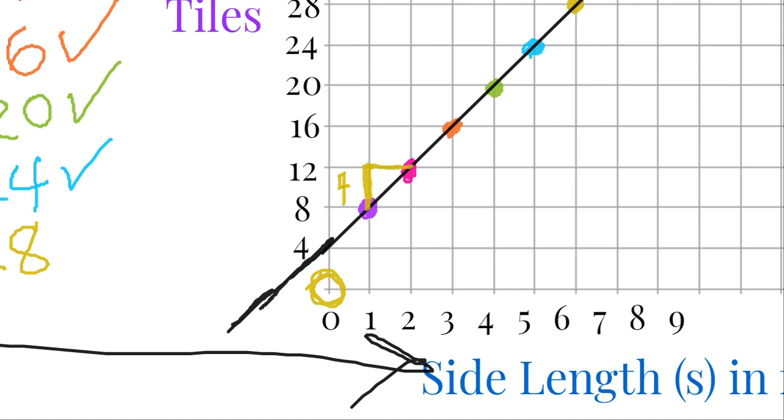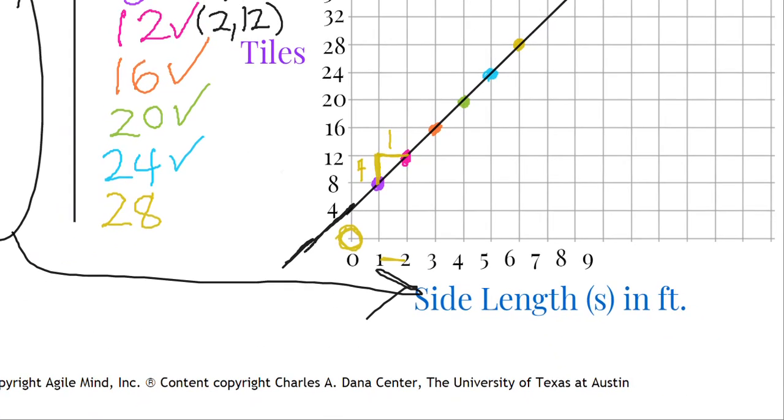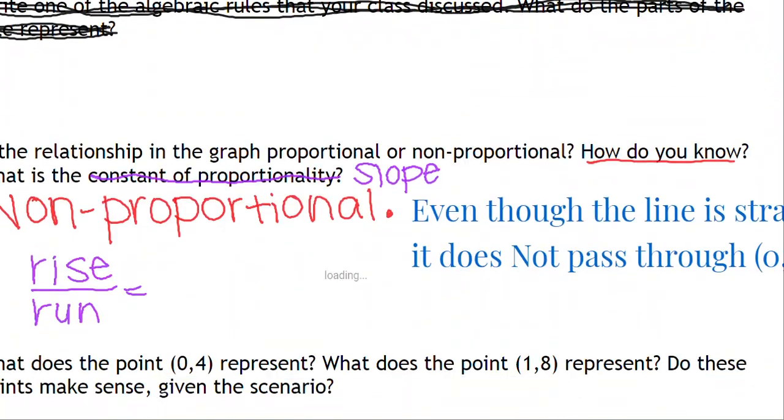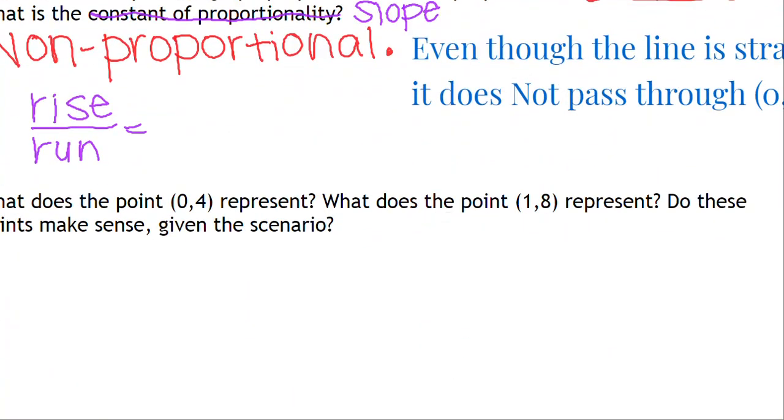And our run, to go from 1 to 2, that's only a run of 1. So our rise is 4, our run is 1. Rise of 4, run of 1, which simplifies down to 4. And again, m is slope. Constant of proportionality would be k, and we do not have a k because it is not proportional.